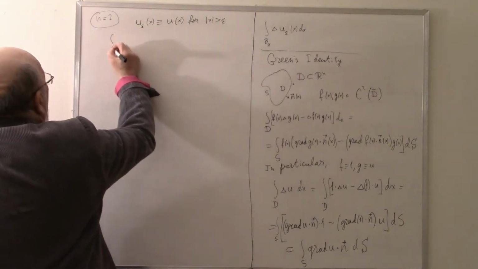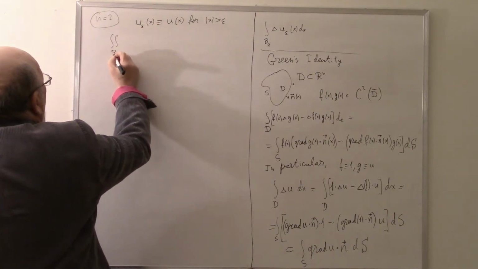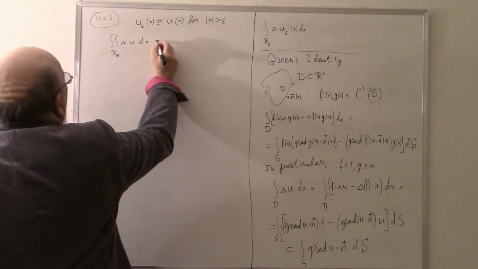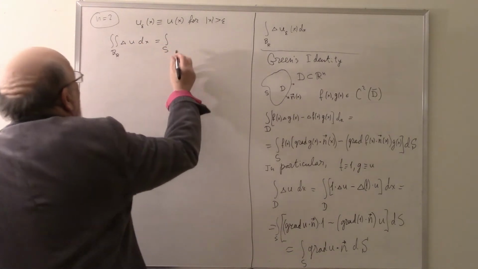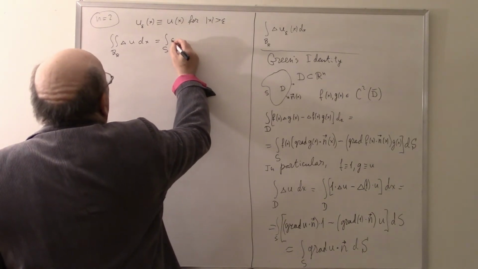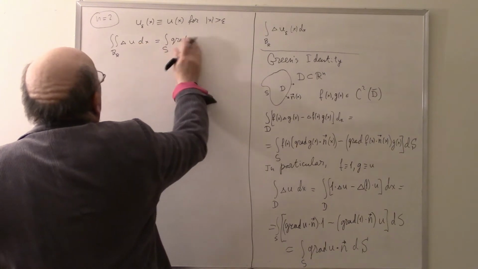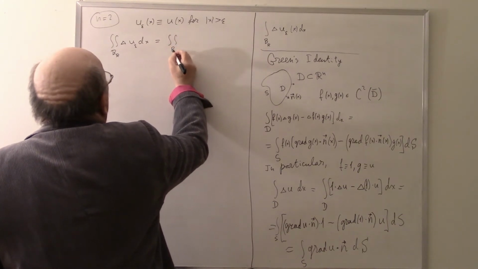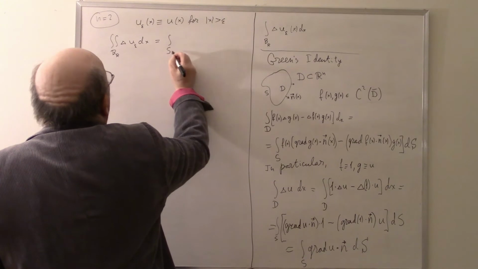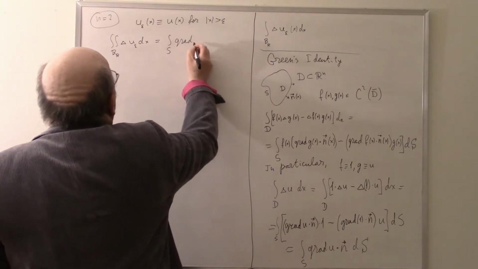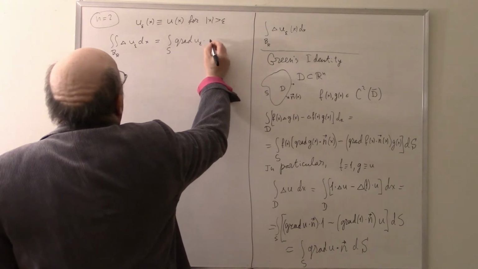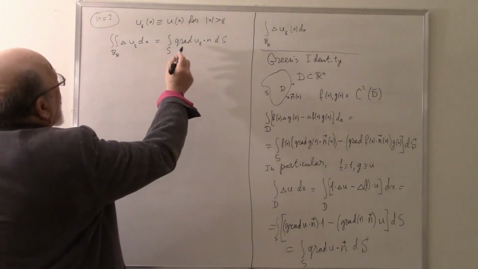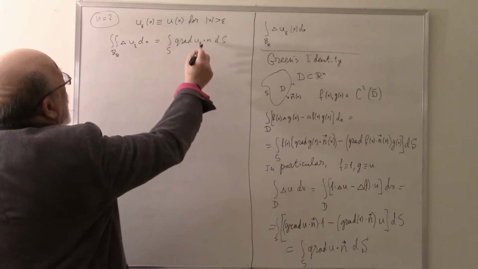So the integral over B_r of Laplacian u dx equals the integral over S of gradient u epsilon dot n ds on one hand.